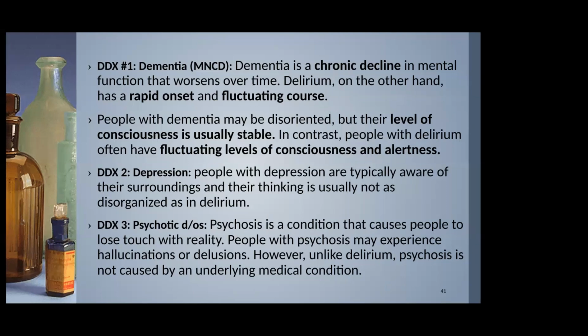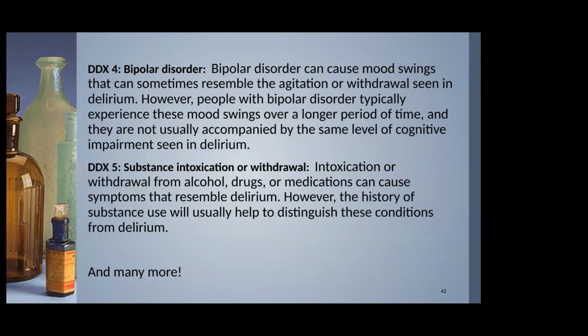The other one is that the psychotic symptoms that occur in delirium are usually transient or temporary. Okay, so when the underlying condition is treated, the psychotic symptoms will disappear, right? Unlike the primary psychotic conditions. The other differential diagnosis is bipolar disorder. Bipolar disorder can cause mood swings that can sometimes resemble the agitation or withdrawal seen in delirium.